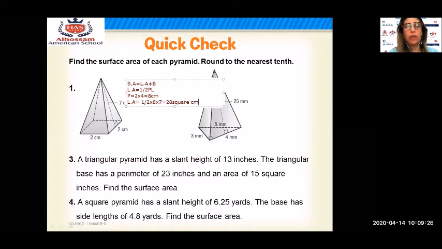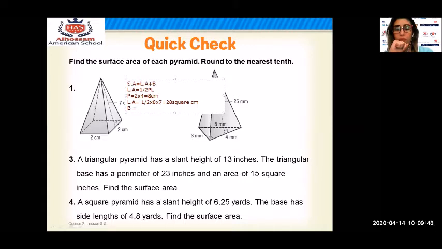Yes, and then let's get back to the surface area, right? But first, Ahmed, I want to find B, the area of the base. What is the area of the square actually?